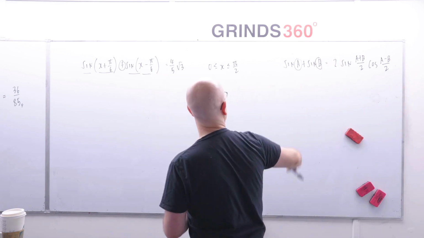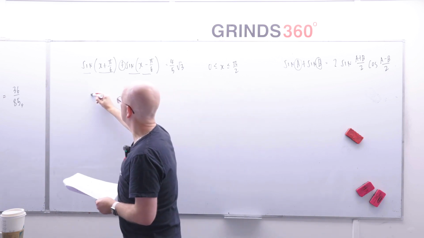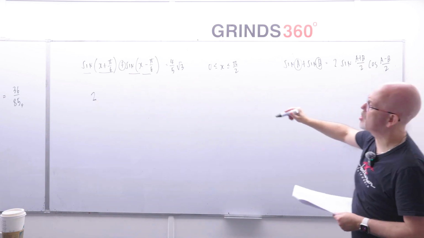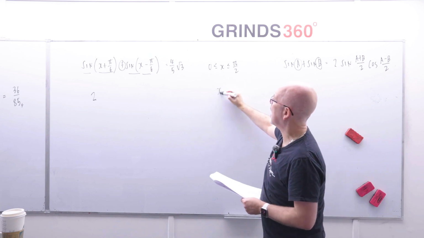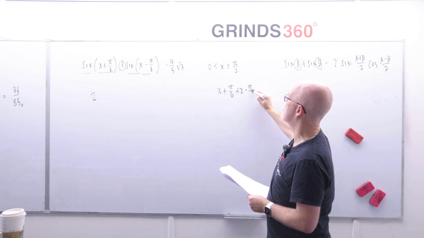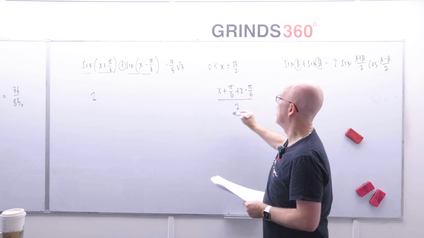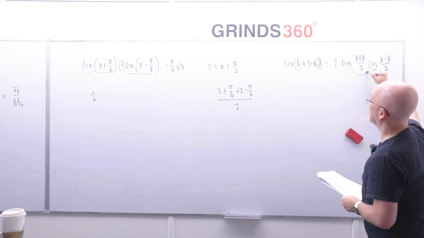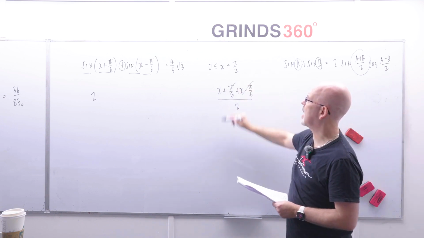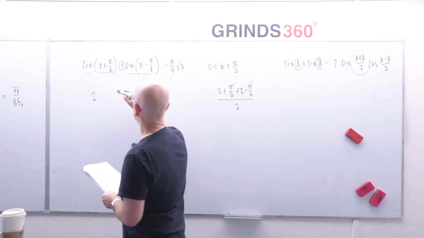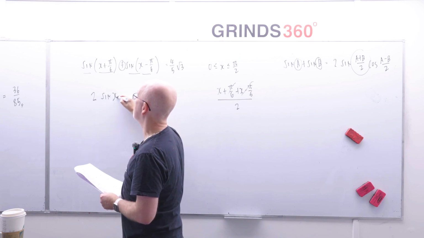So I can tidy up the left-hand side. First, sine A plus B over 2: if I add those together, it's x plus pi over 6 plus x minus pi over 6, over 2. The pi over 6 cancels, so I get 2x over 2, that's just x. That gives me 2 times sine x.